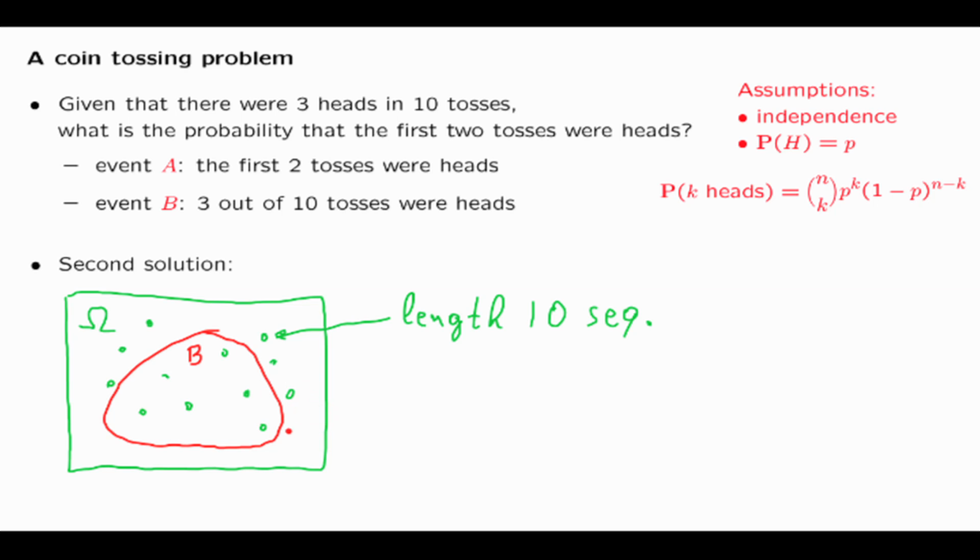What are the elements of the set B? A typical element of the set B is a sequence which is again of length 10, but has exactly 3 heads. So these are the 3-head sequences.